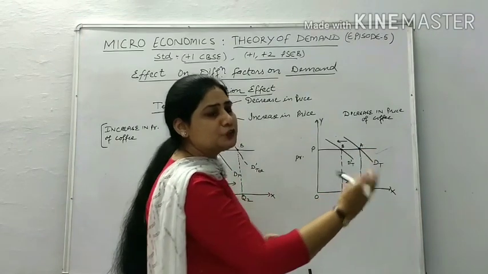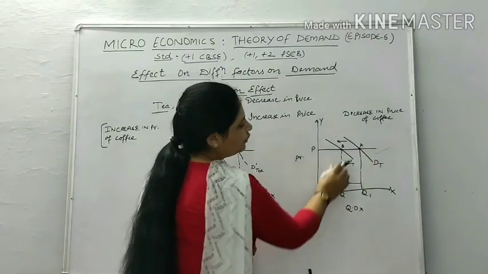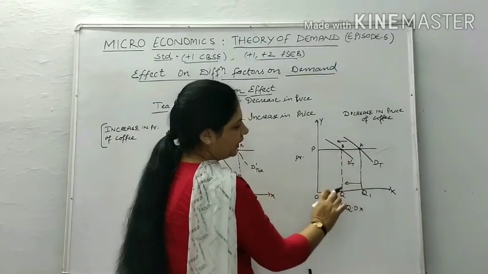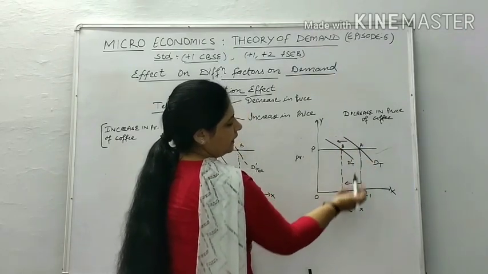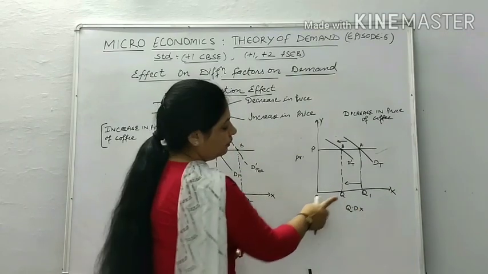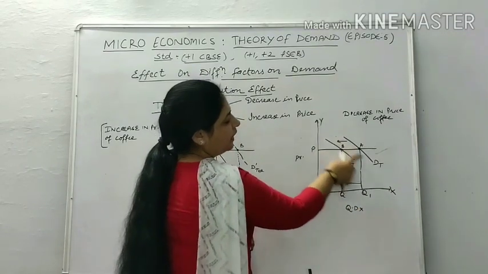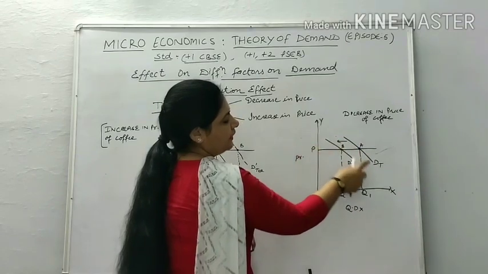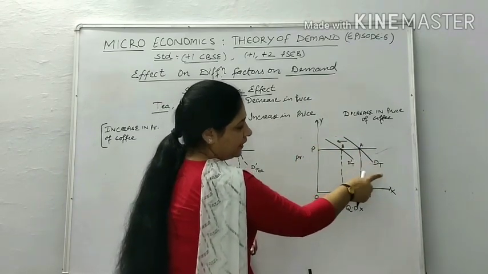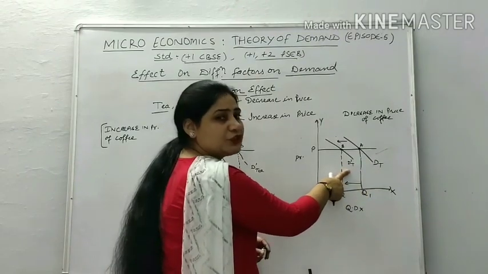So the demand for tea will decrease, OQ1 quantity decreases to OQ, and the demand curve shifts backward, as shown in this figure from DT to D dash T.